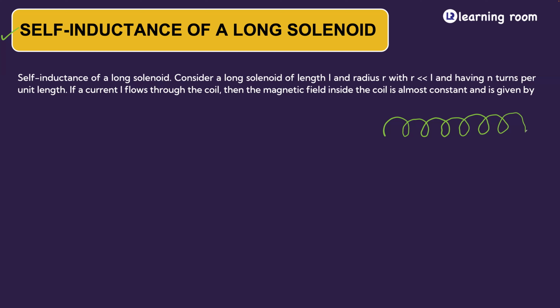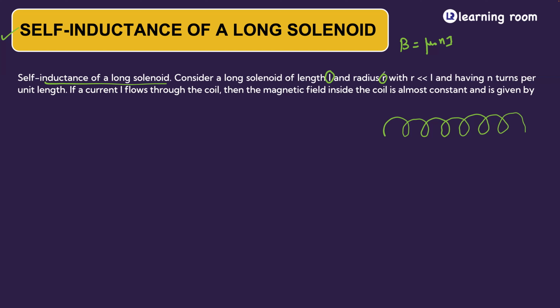For a long solenoid, the magnetic field is B equal to mu naught into N into I. Our job is to derive the self-inductance of a long solenoid with the expression that we already have. Let us consider a long solenoid of length L and radius small r, such that r is very much less than L.